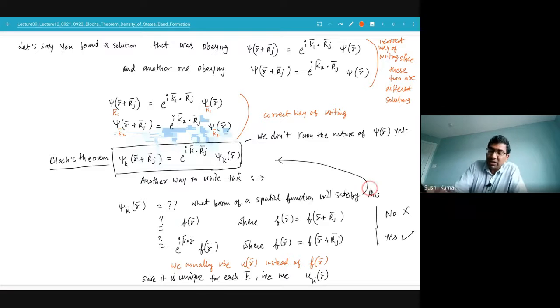So in other words, psi k of r, I'm looking for a function of position r, must be of the form e to the i k dot r and some f of r, where f of r is a cell periodic function, and instead of f of r we call it u of r.